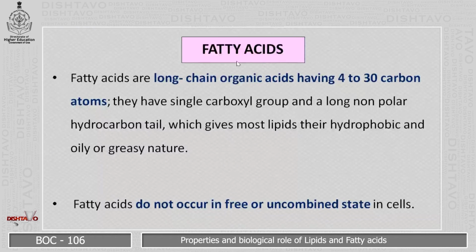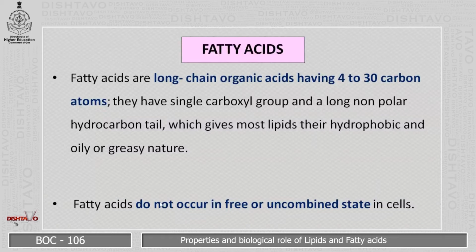Now, what are fatty acids? Fatty acids are long-chain organic acids having 3 to 30 carbon atoms. They have a single carboxylic group and a long non-polar hydrocarbon tail, which gives most of the lipids a hydrophobic, oily or greasy nature.